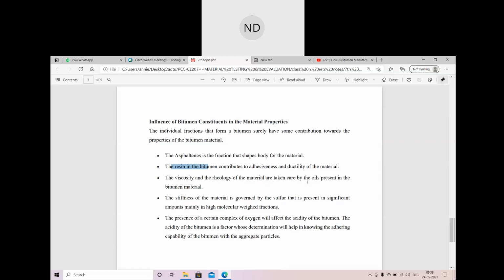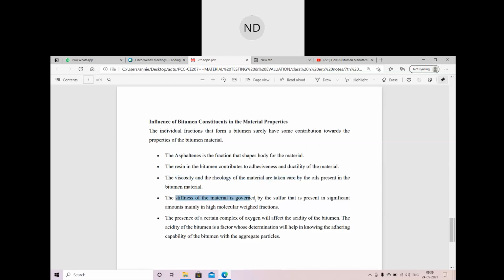Regarding the shape, the asphaltene fraction, which is the fraction while we produce the bitumen, will form the shape. Viscosity is by the oils present in them.